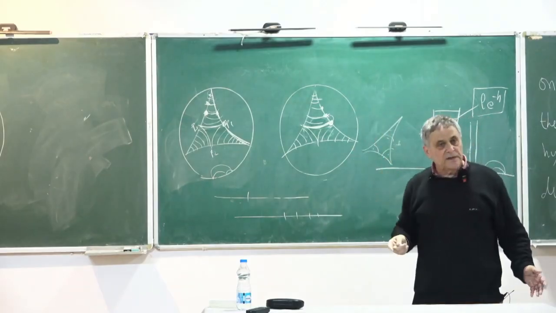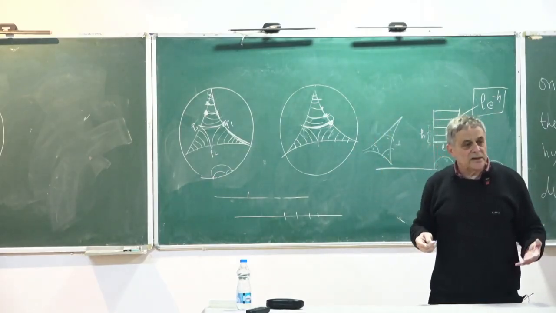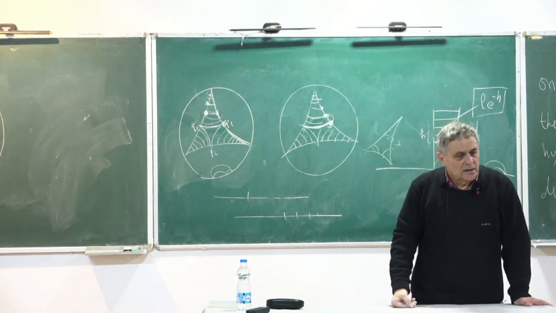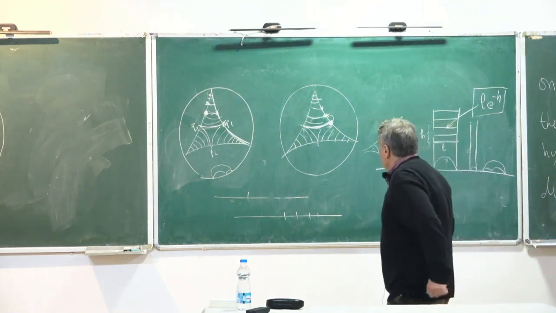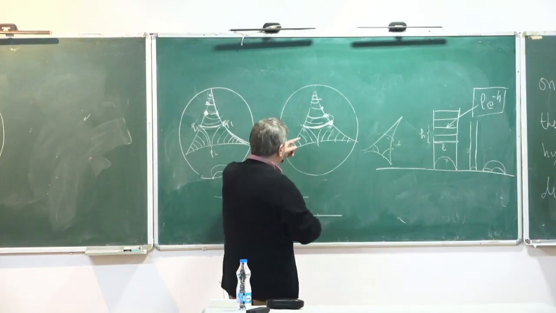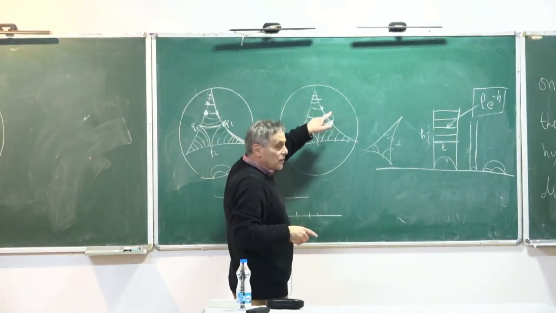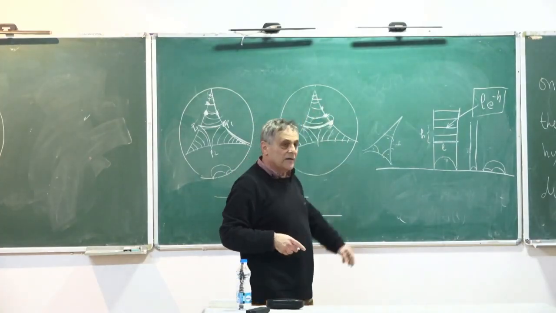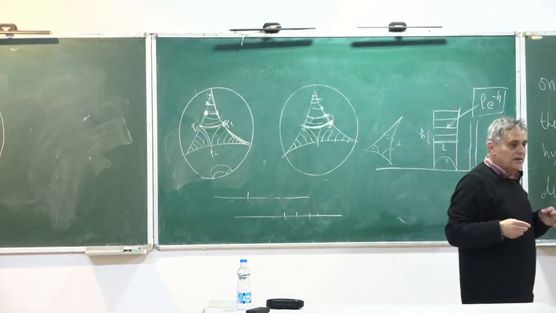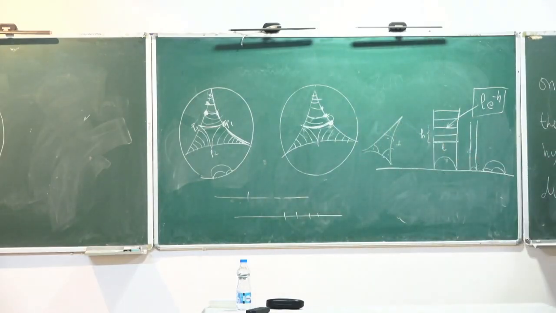It's going somewhere to infinity, but what about its length? Because this is the formula here. So the total length of this curve is a geometric series, right?